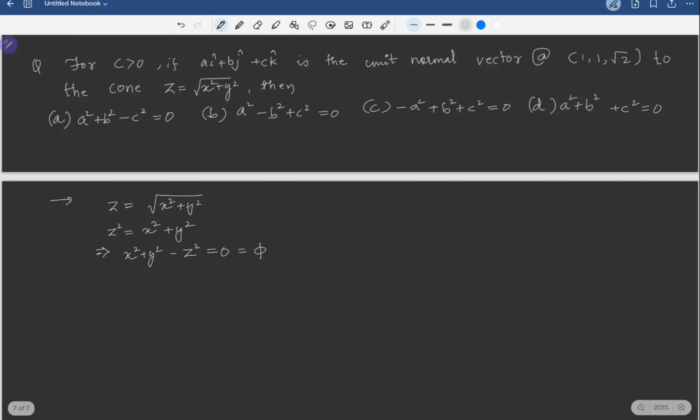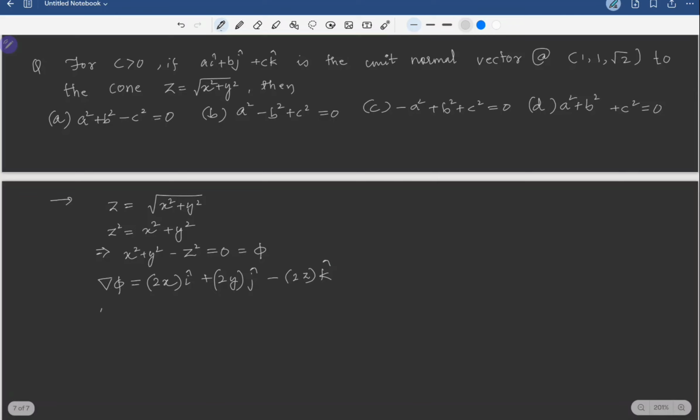This is the required function. If we take the gradient of this function, I am writing it directly now, 2x i cap plus 2y j cap minus 2z k cap.